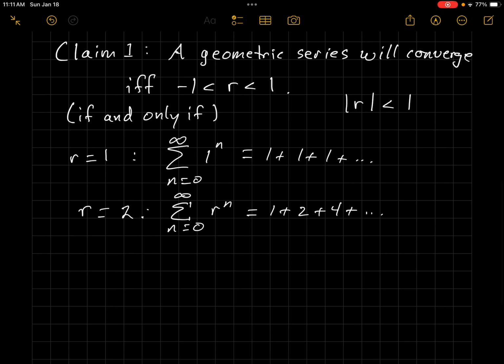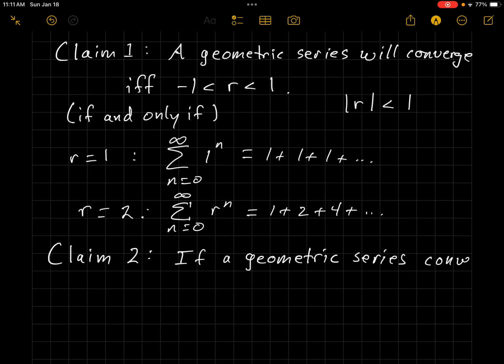But I need to make the second claim before I talk about that, which is if we have a geometric series, so we've got to make sure that we have a geometric series to start, and we know that the geometric series converges, that is, if the ratio is between negative 1 and 1, then we know the infinite sum of that geometric series.